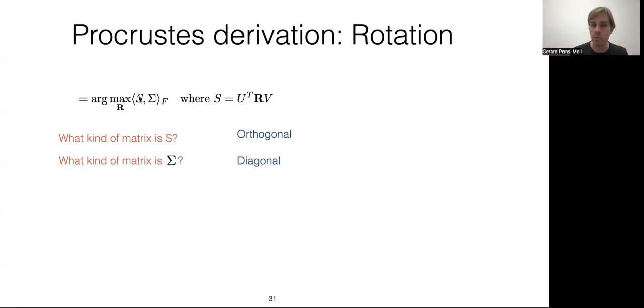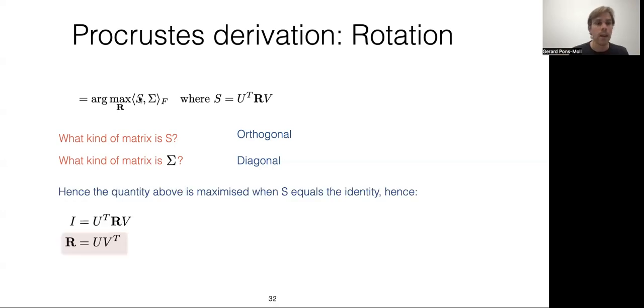So essentially, the solution to this problem is when this S matrix equals the identity. And for S to equal the identity, R needs to be equal to U V transpose. Okay, and this is how you prove that the optimal rotation between two shapes is given by U V transpose.